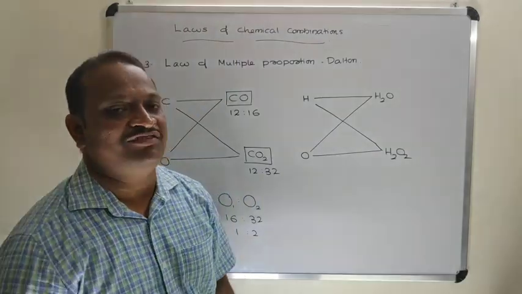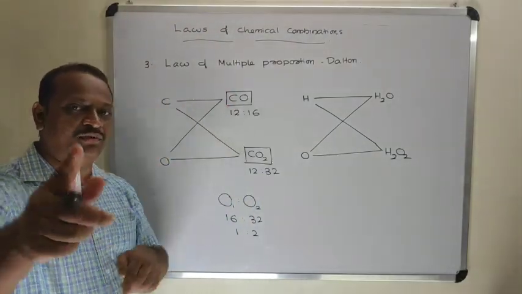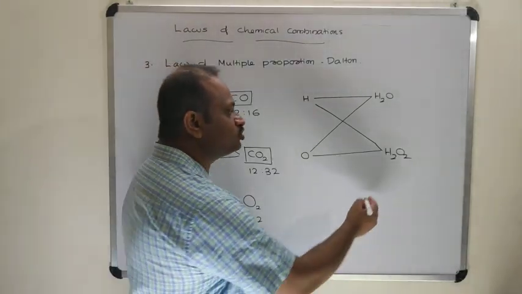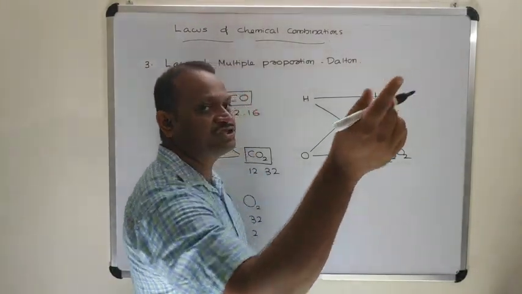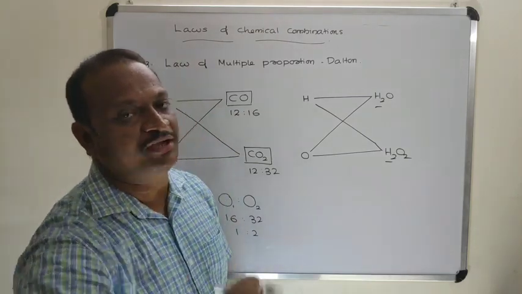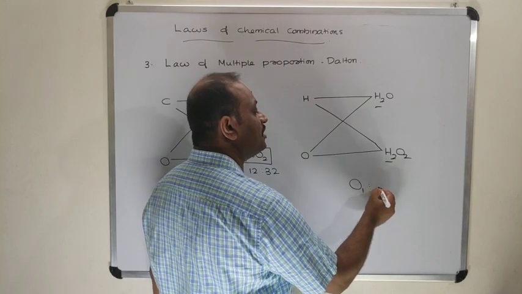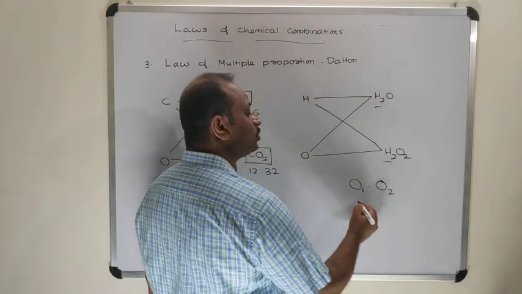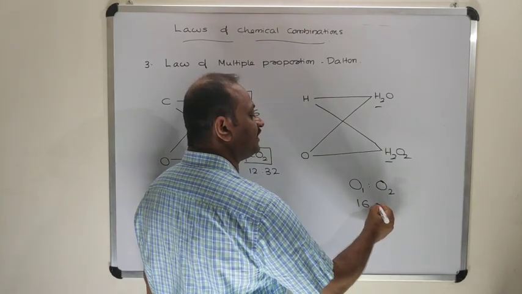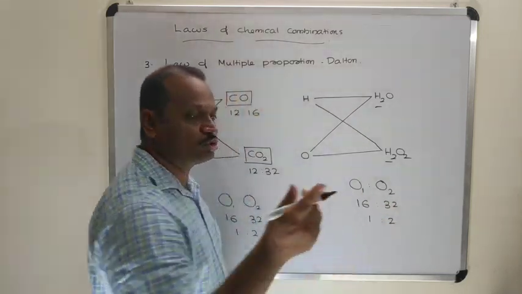In these two cases, you can see that, like in the earlier case, where carbon mass is fixed, in this case hydrogen mass is fixed. But whose weight differs? Oxygen weight differs. Let me find the ratio of the weight of oxygen in the first one to the second one. So what you get, you will be getting 16 is to 32, which will be equal to 1 is to 2.